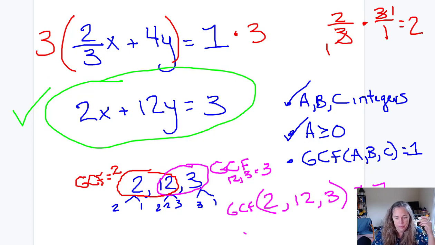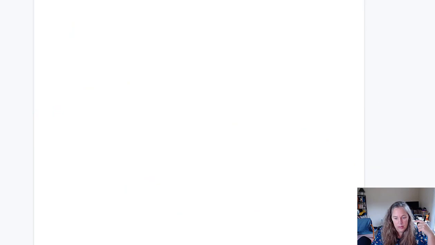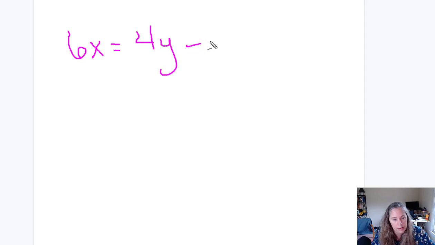Let's try another one. I'm going to erase. Okay, let's look at something like 6x equals 4y minus 8.